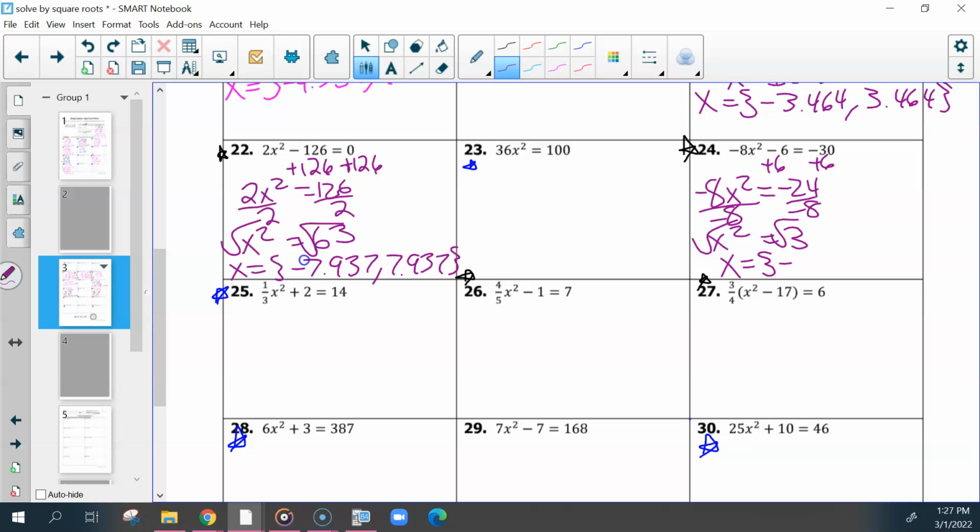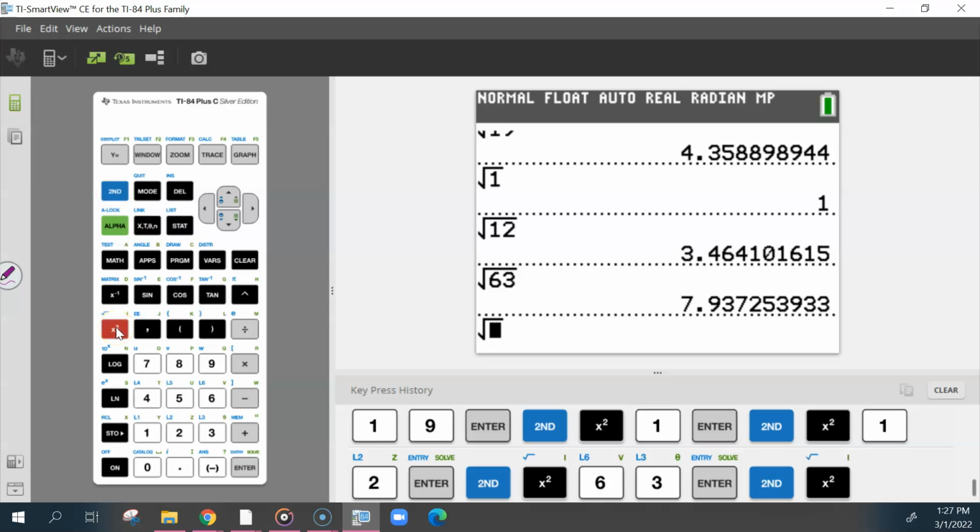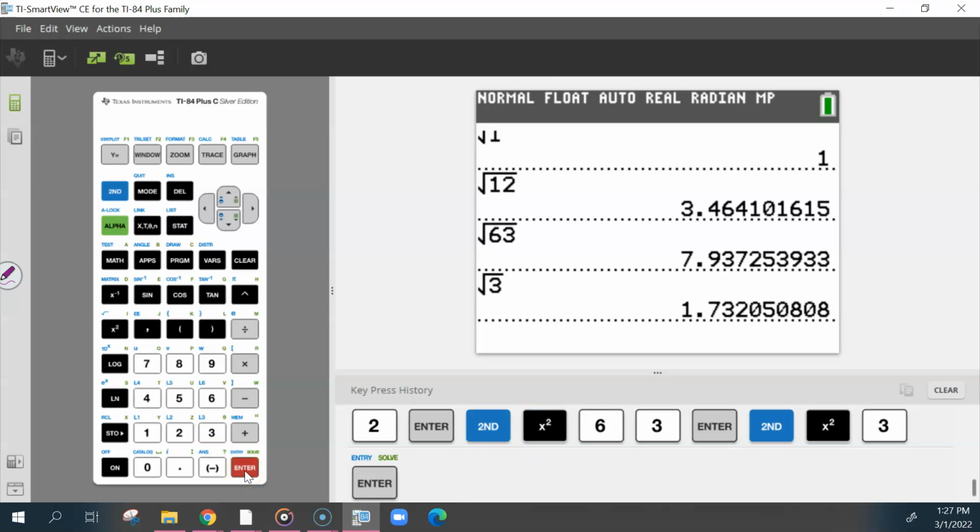What do you get? I rounded it. Square root of x squared to get the square root. 1.7. 1.732.